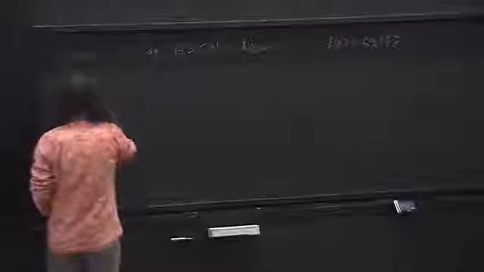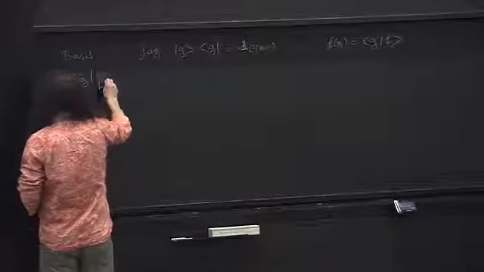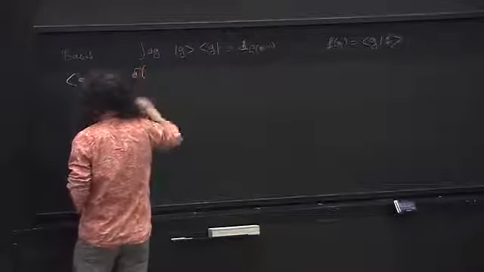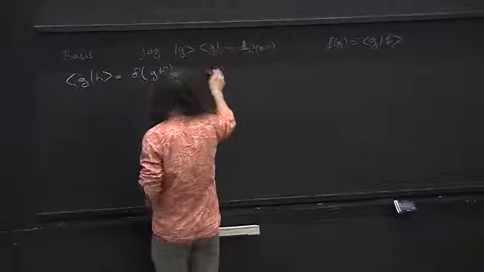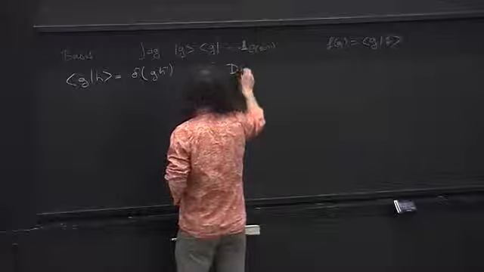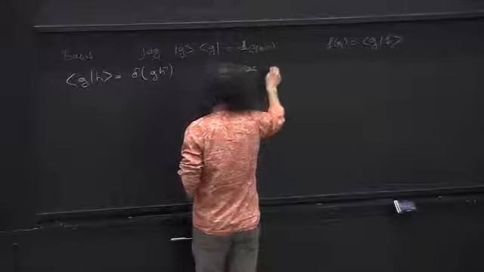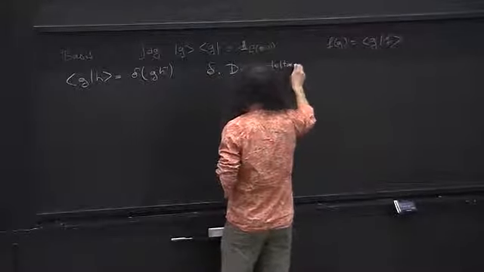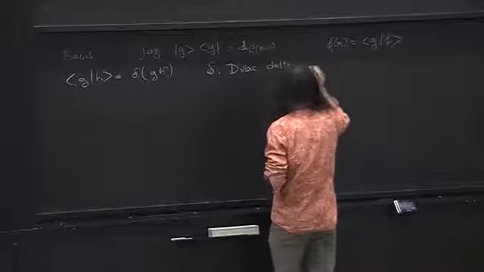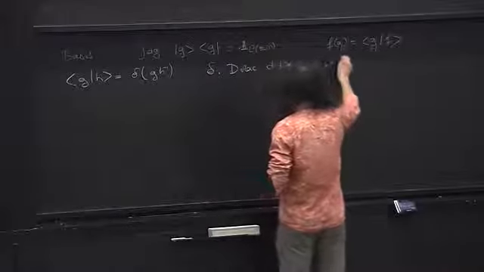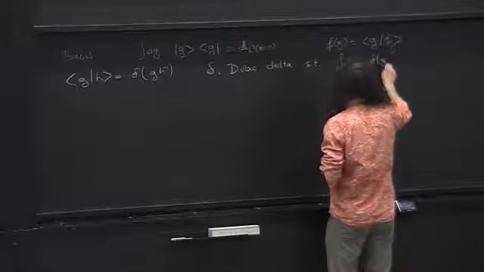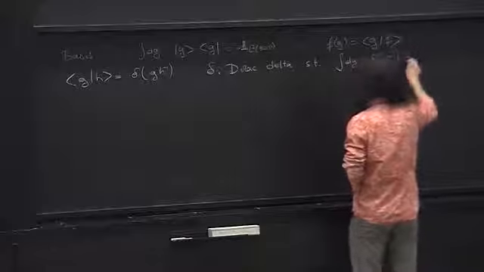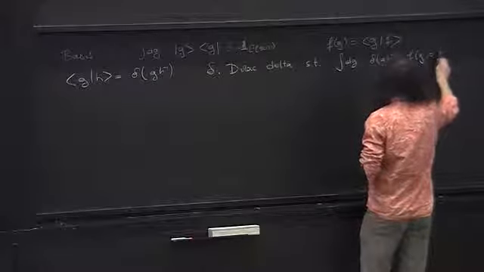And the brackets between two group elements should be delta of g h minus 1, where delta is the Dirac delta, such that the integral dg delta of g h minus 1 f of g equals f of h.